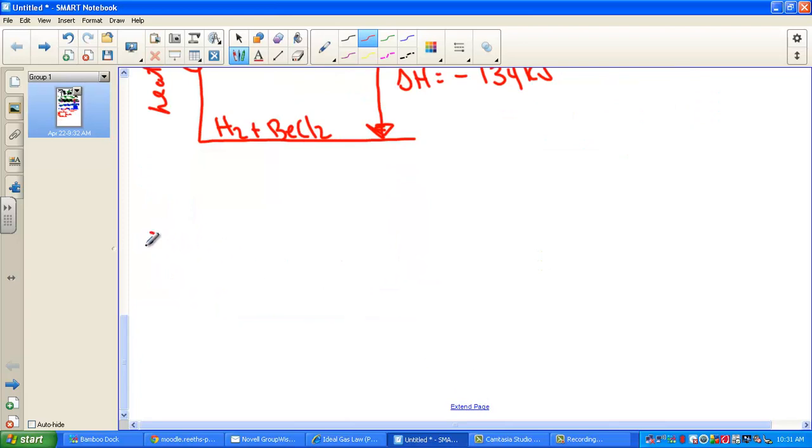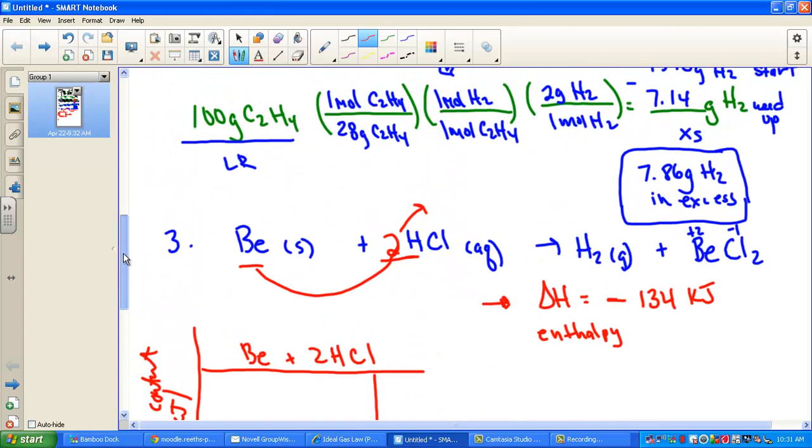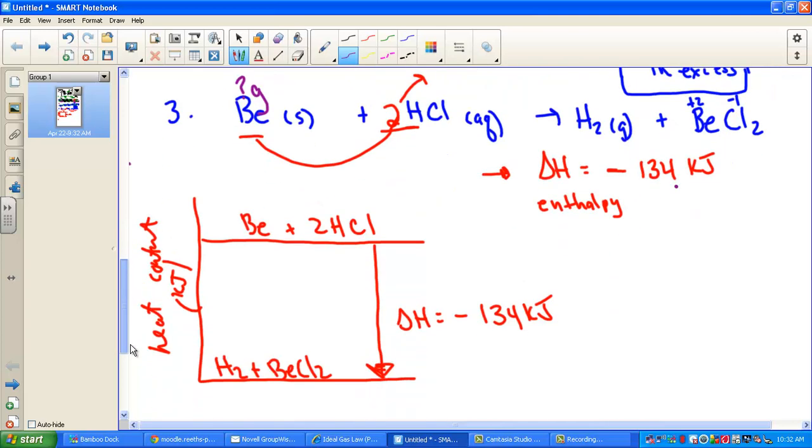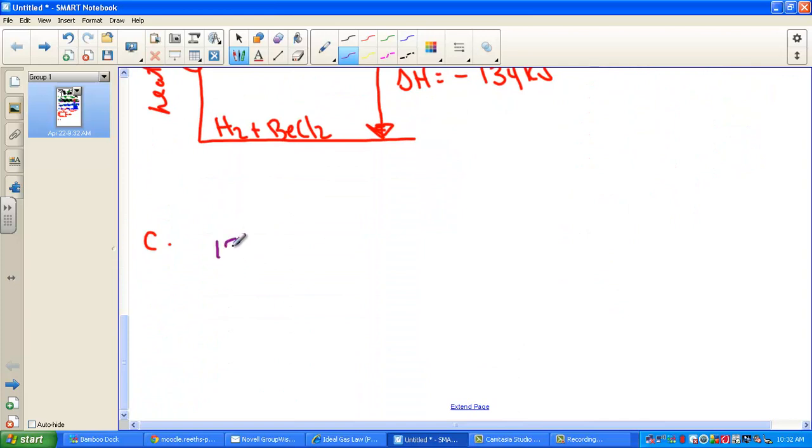The letter C. How many grams of beryllium? Let's put this under here so we can tabulate it. So we're being asked to solve how many grams of beryllium, so that's my want, must react to liberate 1,500 kilojoules of heat. So my given is the heat and I want beryllium. If I'm liberating, generating, releasing, that's a negative 1,500 kJs.